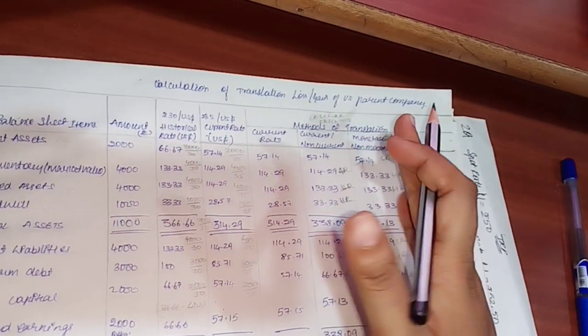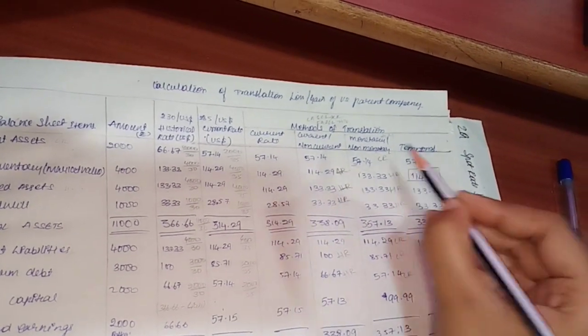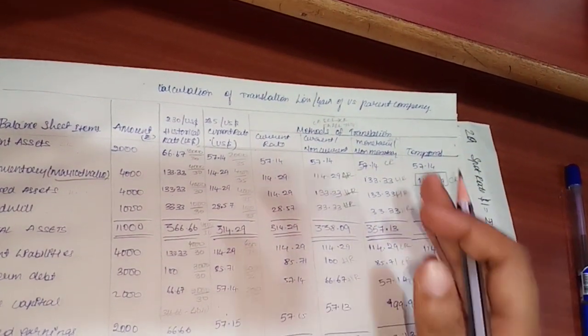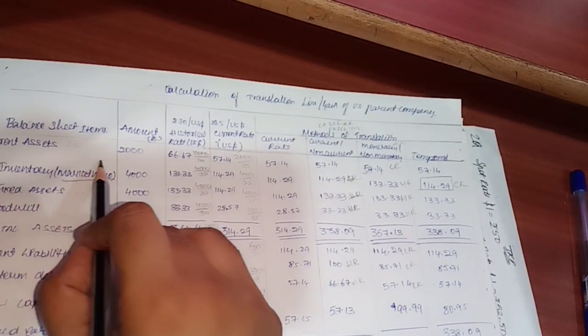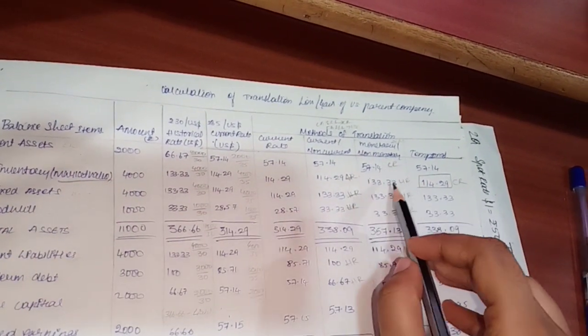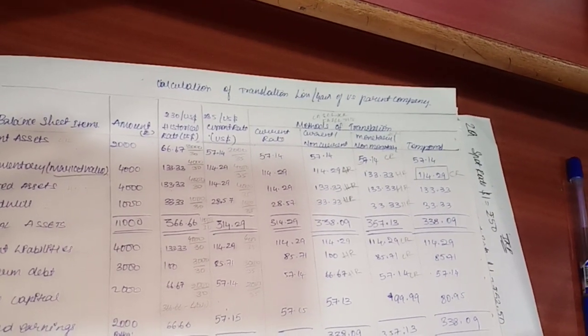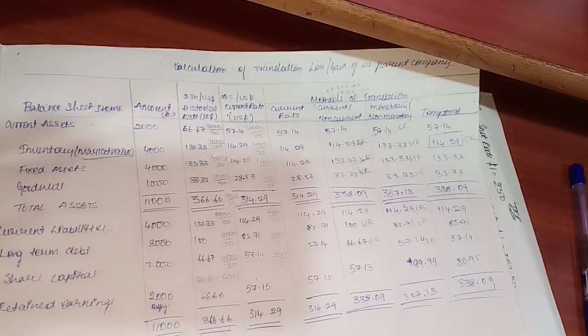Temporal method, same as monetary and non-monetary, only the inventories recorded at market value: if they mention market value, we are going to record it at a current rate. If market value is not mentioned, that time we are going to take a historical rate only.